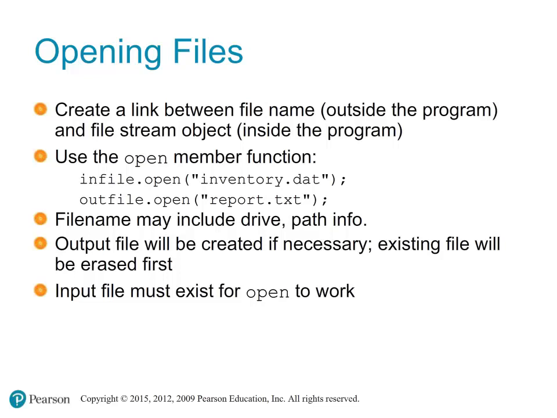It is a good practice to always check if the file was opened successfully before proceeding with further operations. After you are done with the file operations, it's essential to close the file using the close member function. This ensures that all data is written correctly and the resources are released.